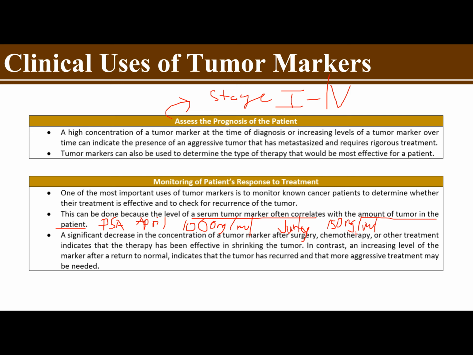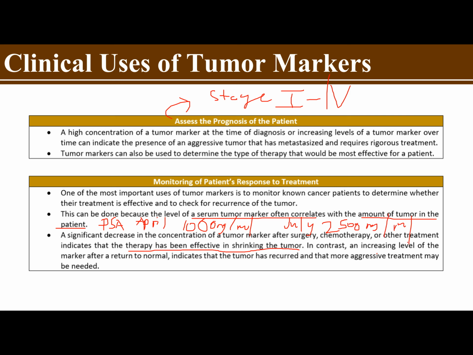And in this case, since there is a significant decrease in the concentration of a tumor marker after the treatment, it indicates, class, that the therapy has been effective in shrinking the tumor. But what if, class, after testing on April, instead of having it lower when you have it retested in July, the levels became 2,500 nanograms per ml?